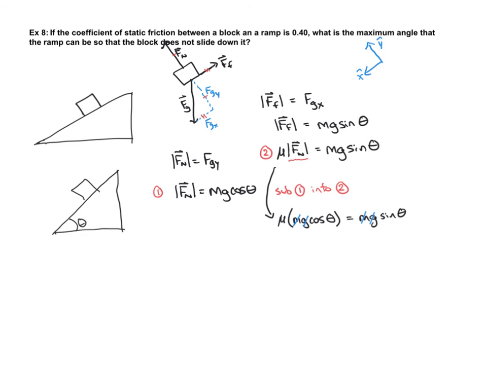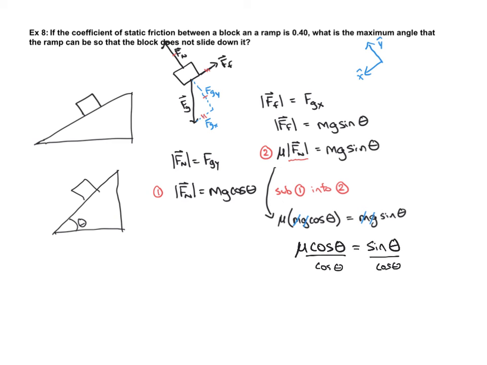So what I have left is mu times cosine of theta equals sine of theta. And I have to solve for theta. So I'm going to need to get the thetas onto the same side. And the way I'll do that is to divide both sides by cosine of theta.